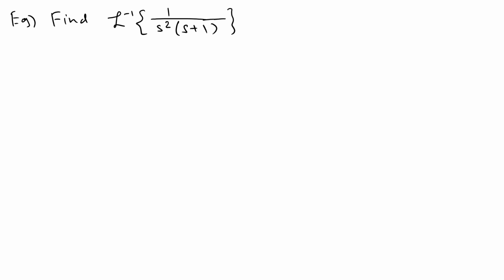First, let's recall what we did using the partial fraction method. We can write the partial fractions first. So 1 over s squared (s plus 1) is identical to a over s plus b over s squared plus c over s plus 1.